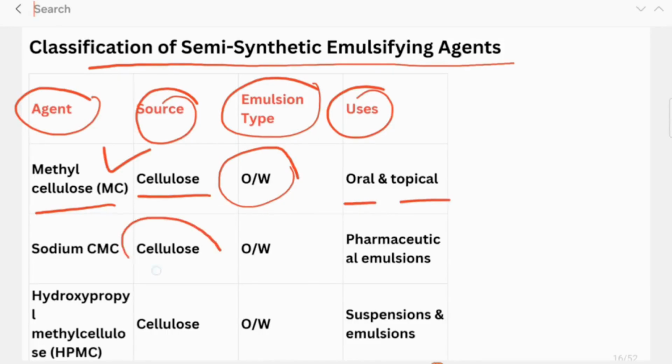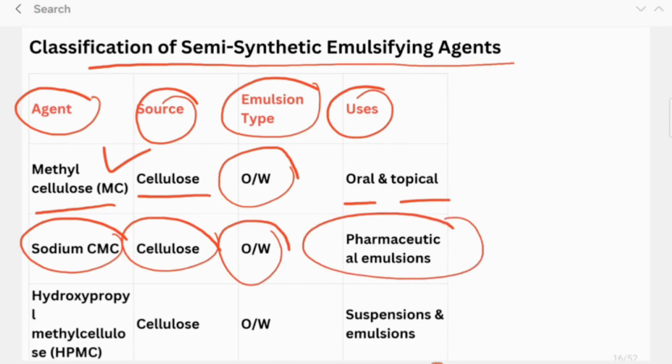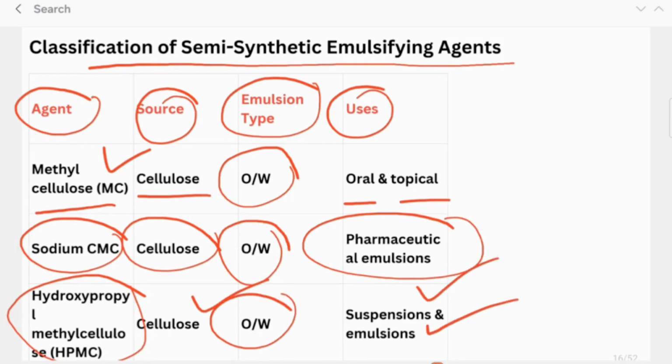Then another derivative, sodium CMC from cellulose, is also used in the preparation of oil in water emulsions, in pharmaceutical emulsions. Then hydroxypropyl methyl cellulose, also from cellulose, produces oil in water emulsions and is used in suspension and emulsion preparation.